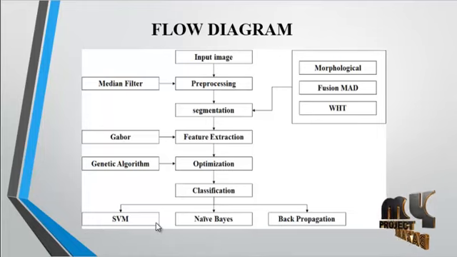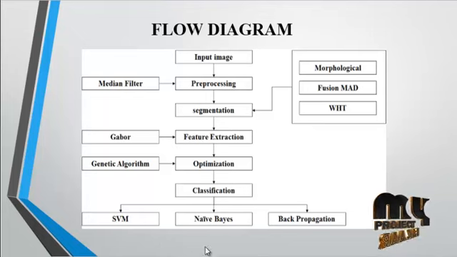First one is the SVM classifier, then naive Bayes classifier, then the back propagation. The feature values are classified by these three classifiers only. After the classification, the result is shown in text format, and the performance evaluations are also done for accuracy, sensitivity and specificity.